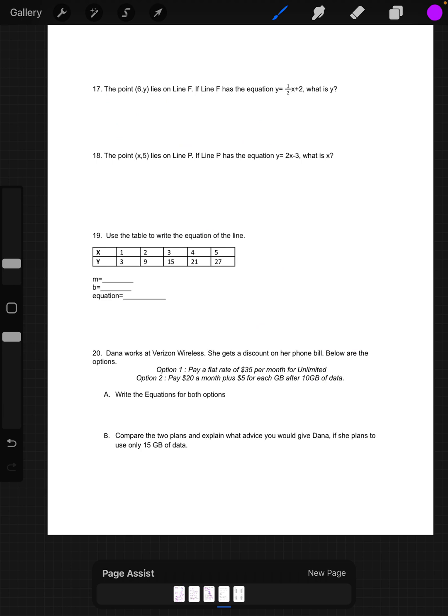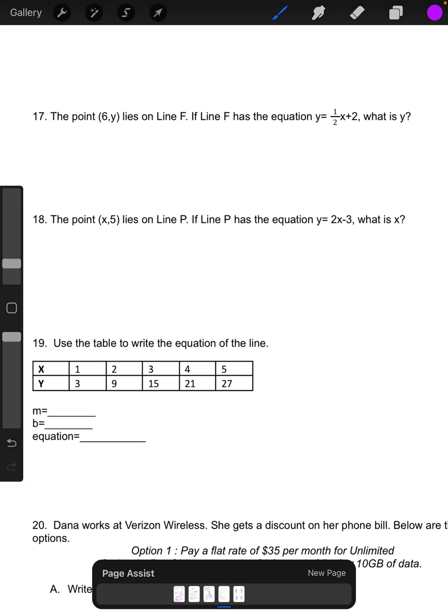All right, the point (6, y) lies on the line F. If line F has the equation y = 1/2 x + 2, what is y? So what they have given me is an xy pair. And then they have also given me this nice little function that's going to help me solve it. So I have a term for x right here that I can put in where x is.